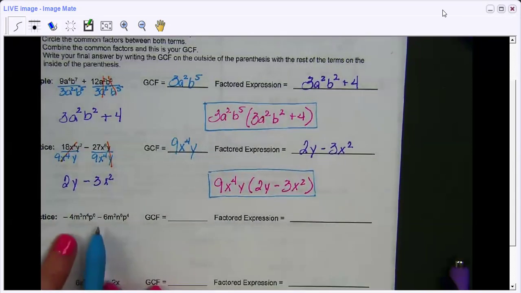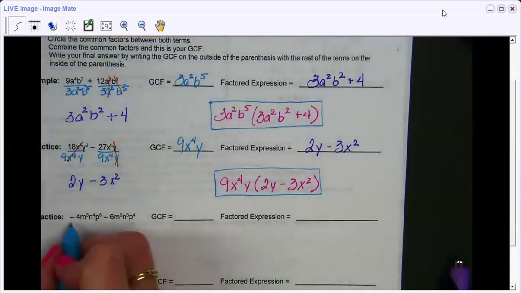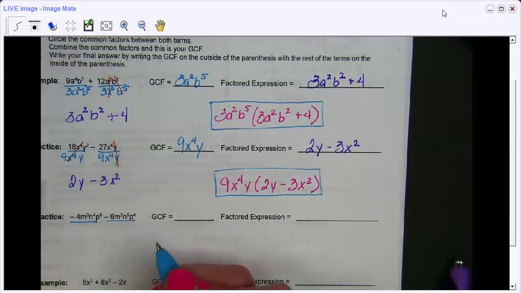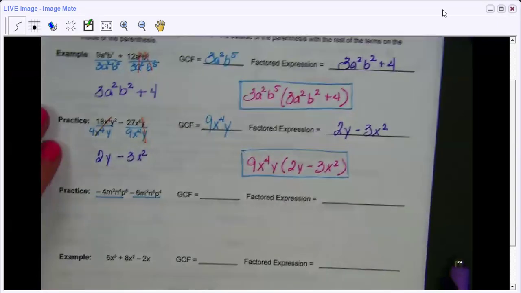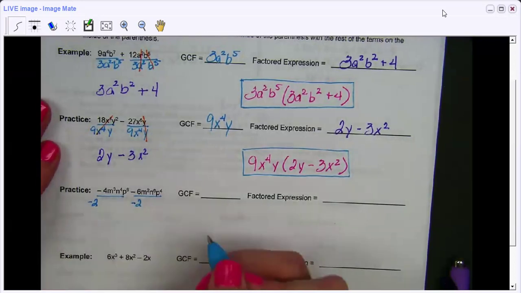Okay, on this one, anytime your first number has a negative, you must factor out a negative. So for example, between -4 and -6, the common factor is a -2. So I'm going to factor out a -2 on both of these.